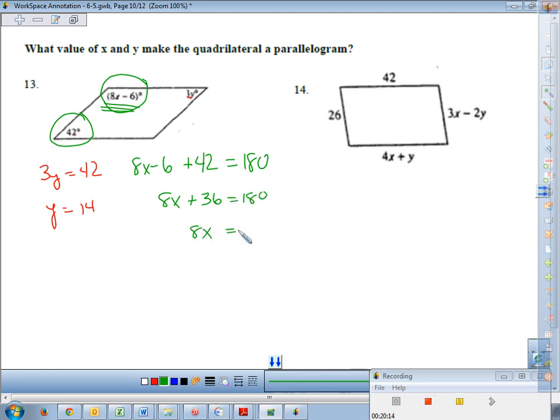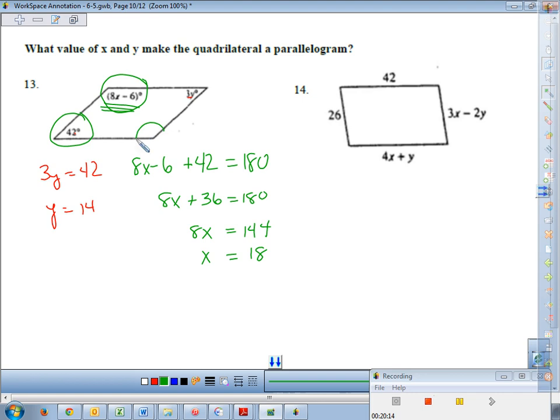And 8x equals 144, and then divide by the 8, that would be 18. Yeah? So if x was 18 and y was 14, then this would have to be a parallelogram. You with me on that? Because that would force the opposite angles to be equal to each other.